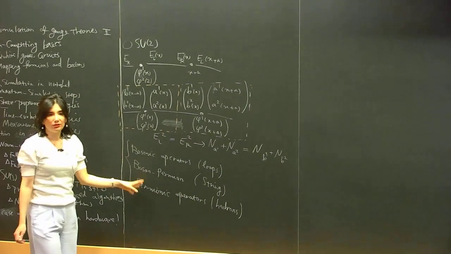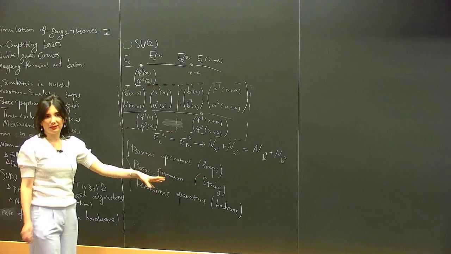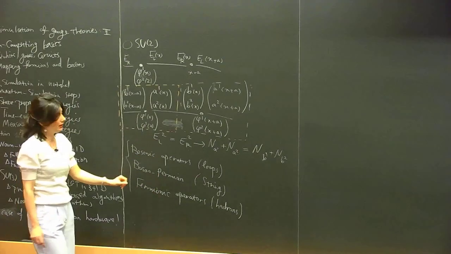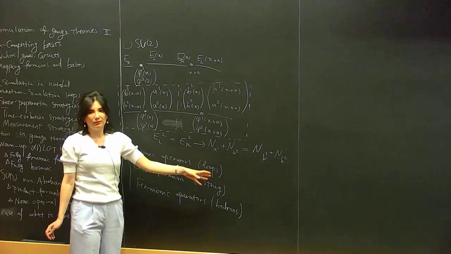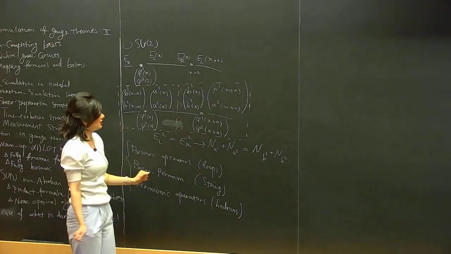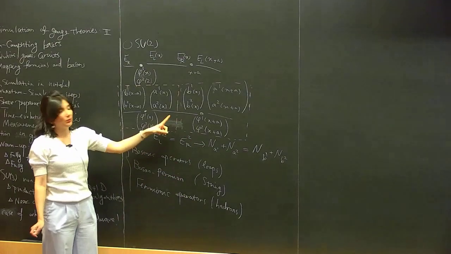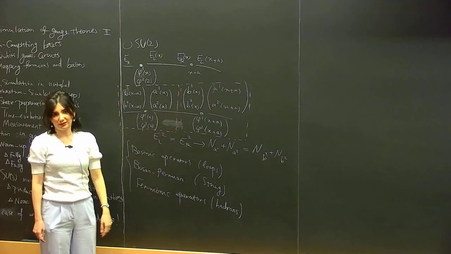Then all you have to do is to write all the possibilities, and make sure that the commutation algebra is really complete. Then you start by acting with these operators of loops, strings, and hadrons on the vacuum, and you generate everything else in your Hilbert space. And at the end of the day, you impose those abelian conditions on the link by hand so that you get your physical sector.